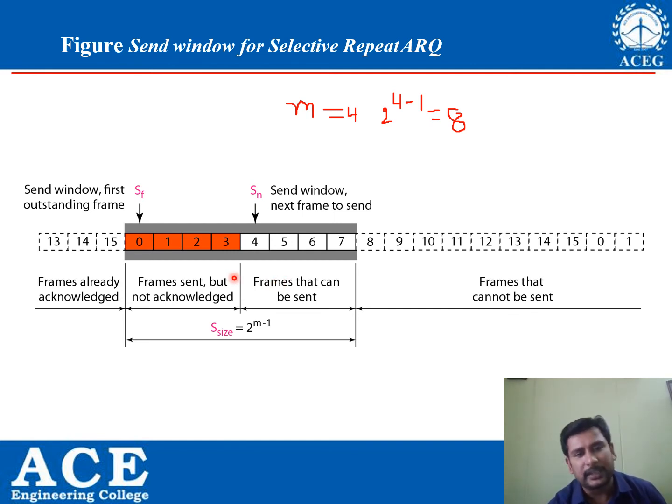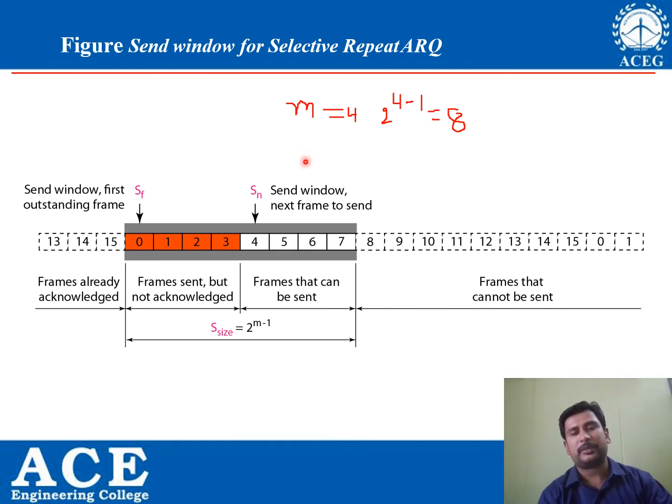For instance, if I get acknowledgement for frame 0 and frame 1, then 0 and 1 move to the frames already acknowledged, then SF becomes 2, and now 4 and 5 can be sent. If not, SN will be 4. If 4 and 5 are also sent, then SN will be replaced with value 6. So this is how the sender window is used.